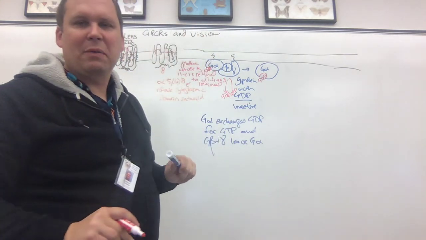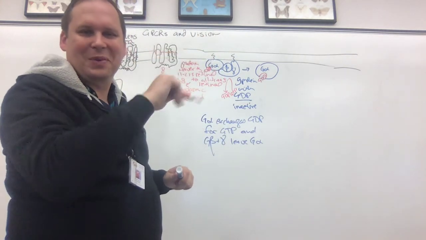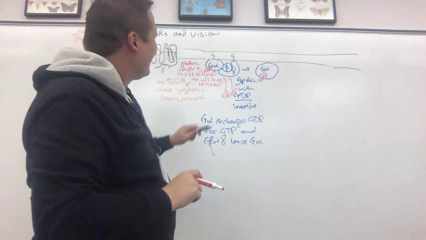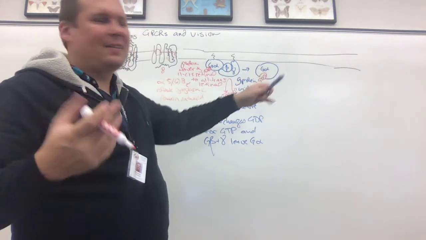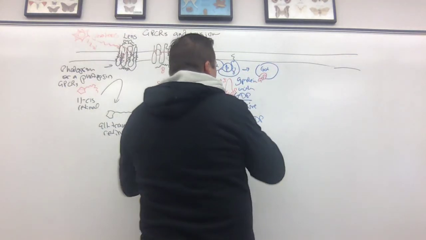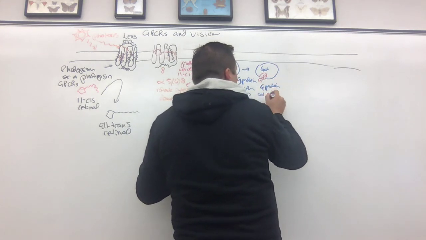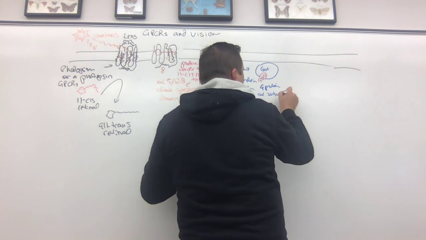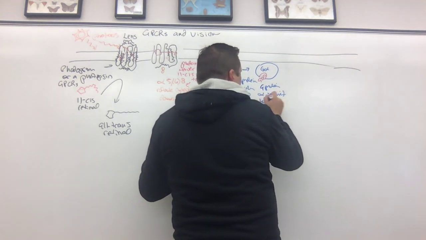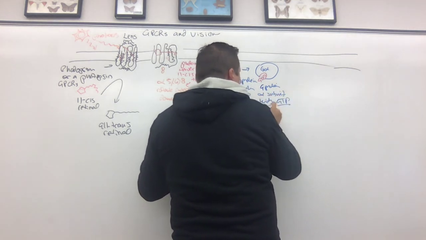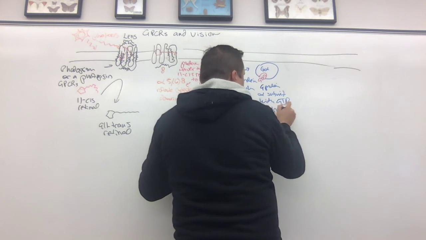I drew the arrow backwards, but the arrowhead tells you which way it's going. So there we go. All right, so we got GTP in there, great. And so now this is the G protein alpha subunit with GTP, and it's going to be active.